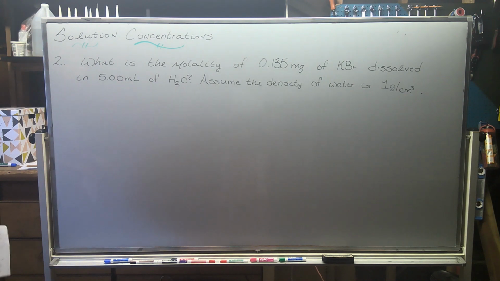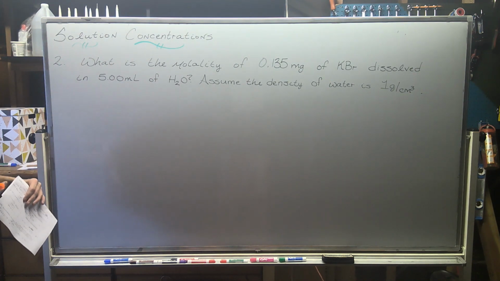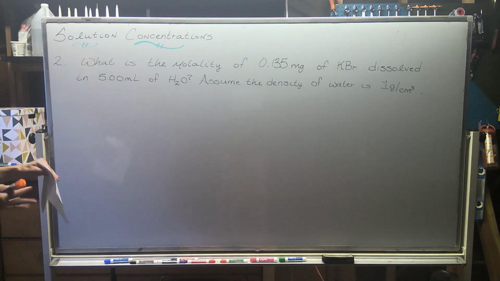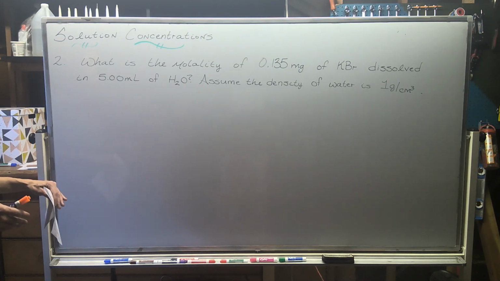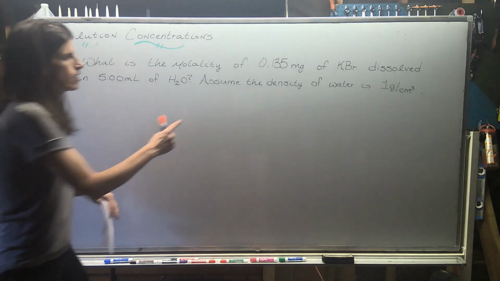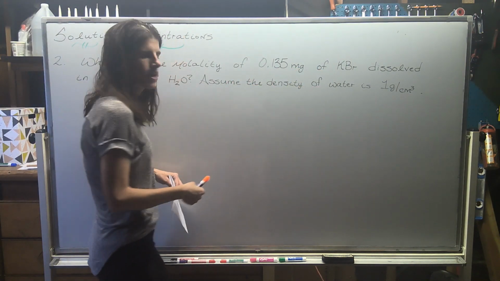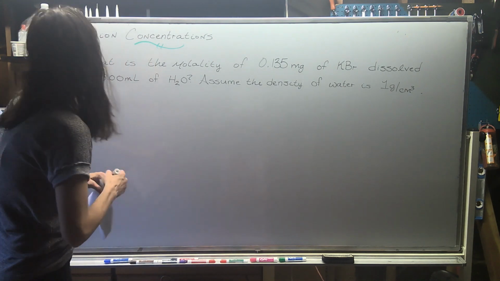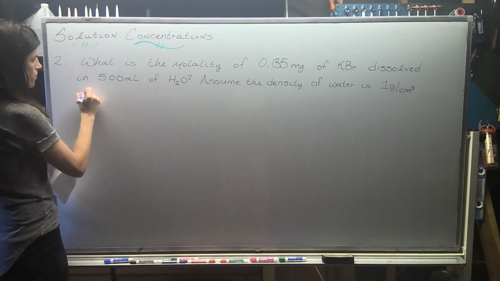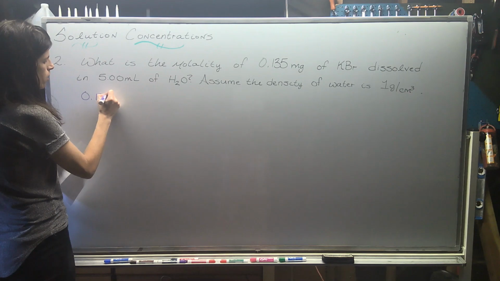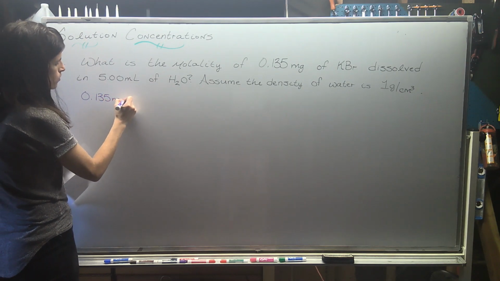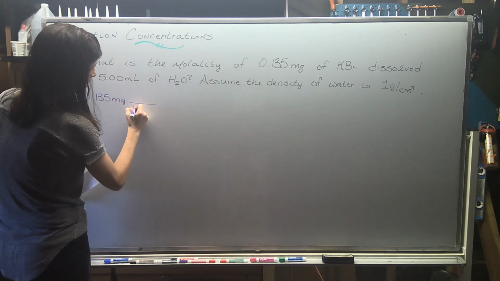Alrighty, so on this molality problem, we have several steps that we need to take care of before we can actually plug numbers into the molality equation. So first thing is we need the moles of our solute, the potassium bromide. Right now we're in milligrams. So I'll change the milligrams to grams.